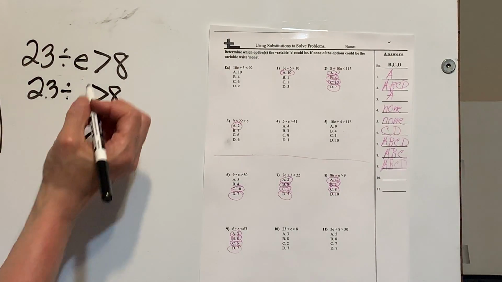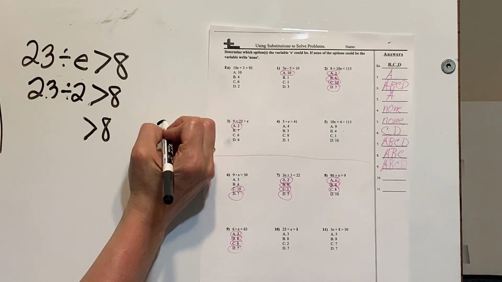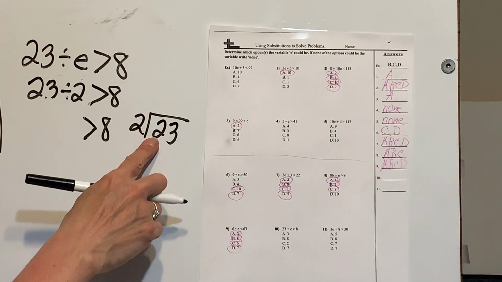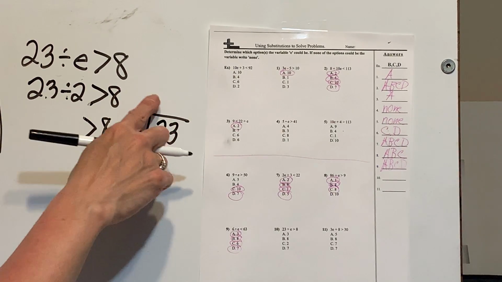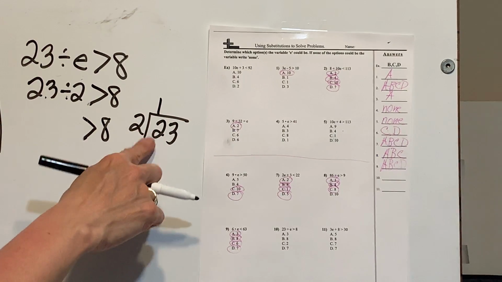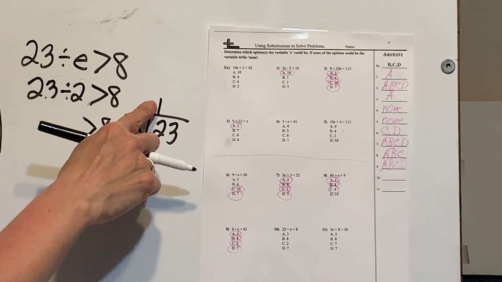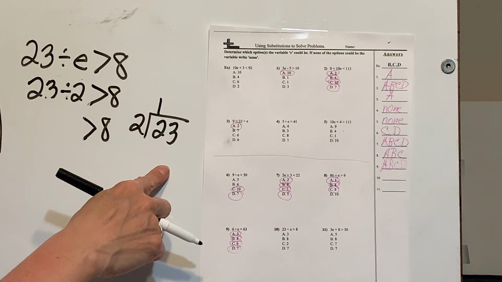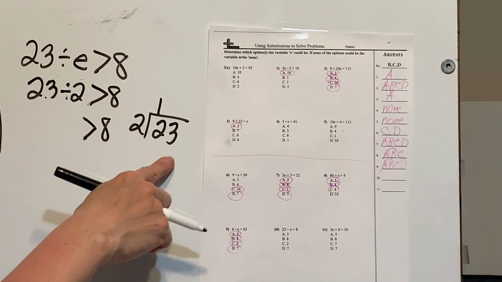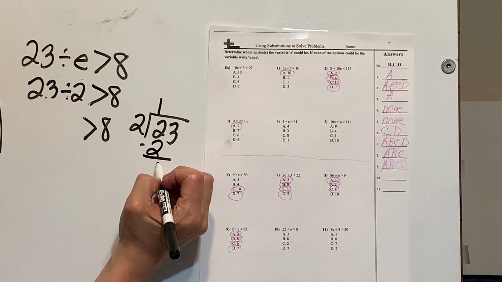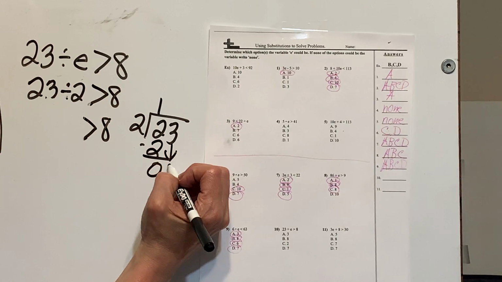All right. So next number is 2. 23 divided by 2. So I can do 2 times something gives me 2. It's 1. So notice I'm talking only about the 2. So that's why I put the number above that 2. I'm not talking about the 23 yet. 1 times 2 is 2. 2 minus 2 is 0. I bring down that 3.